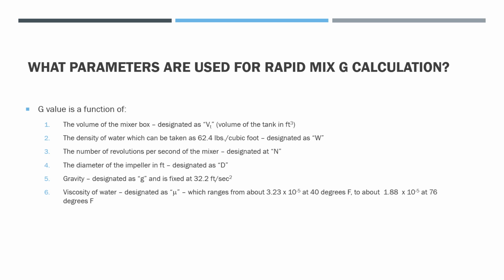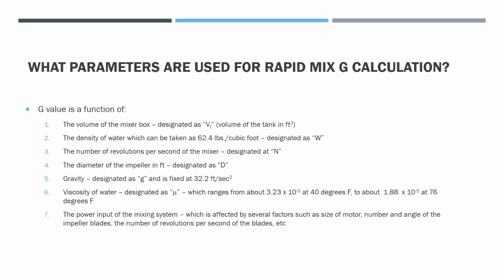We need to know the viscosity of the water, and we can look that up in tables. That's going to be given a mu symbol, or U. That's going to range from around 3.23 times 10 to the minus 5 at 40 degrees Fahrenheit, that's, of course, cold water, all the way to 1.88 times 10 to the minus 5 at 76 degrees Fahrenheit.